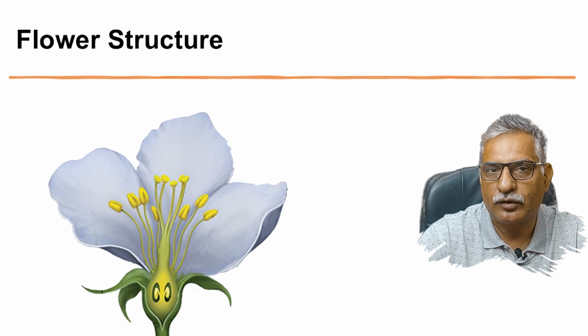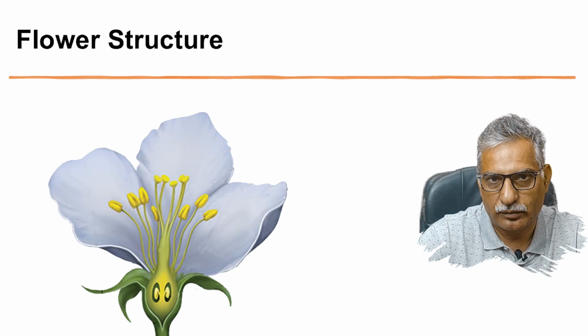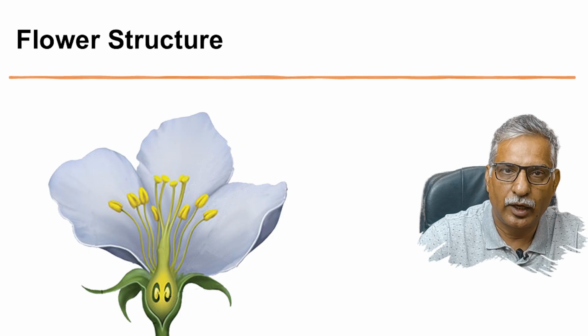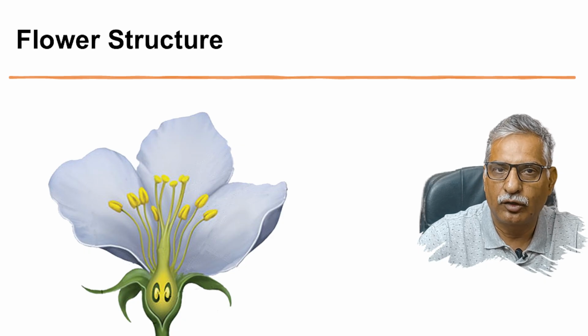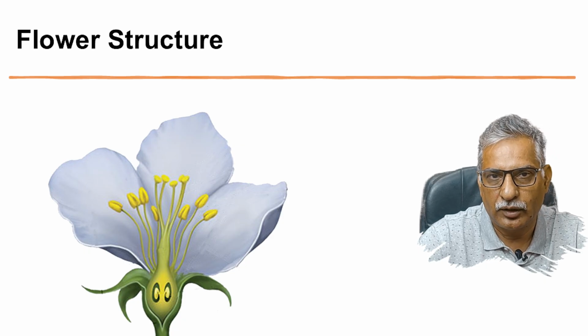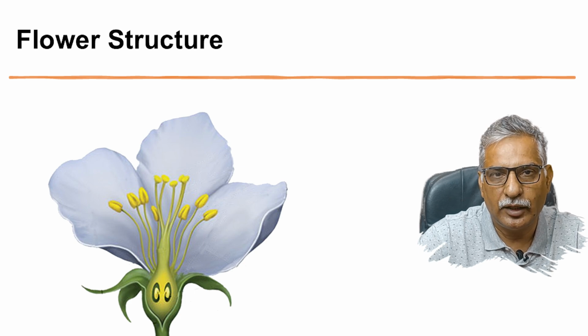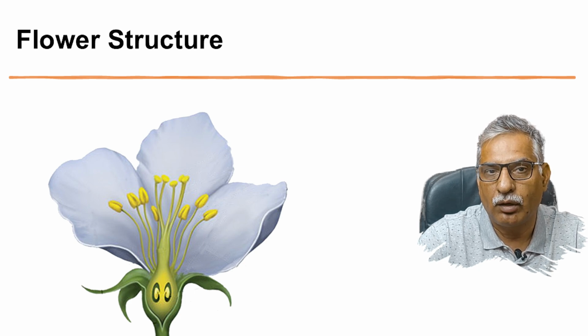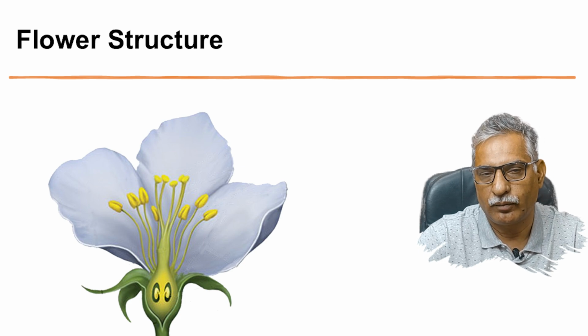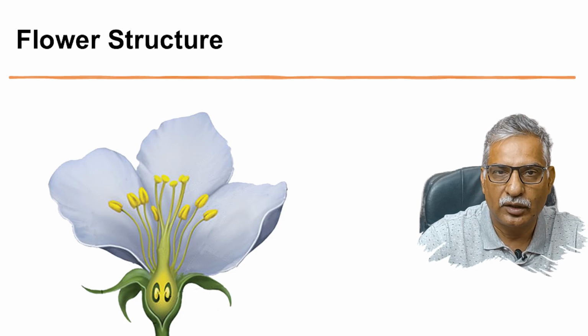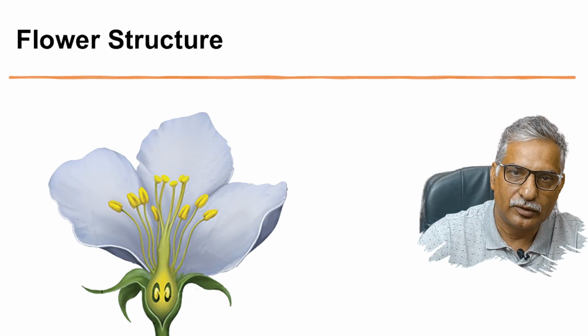Right at the base of the flower we find small leaflet-like structures that could be thick or thin, brown or green, fused or separate, smooth or spiny, but circling all around the base of the flower.